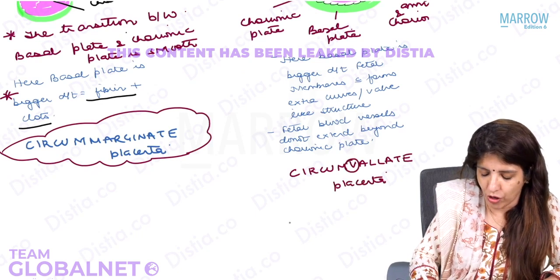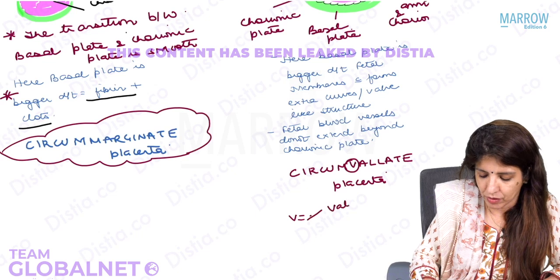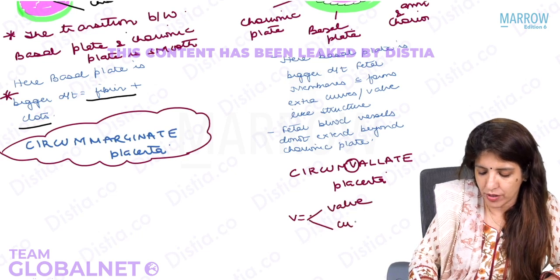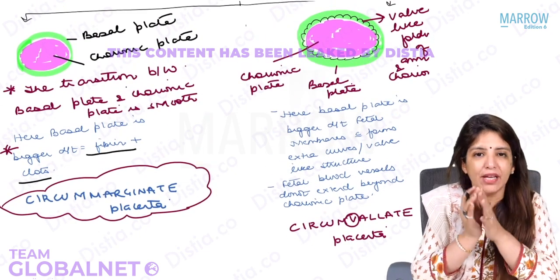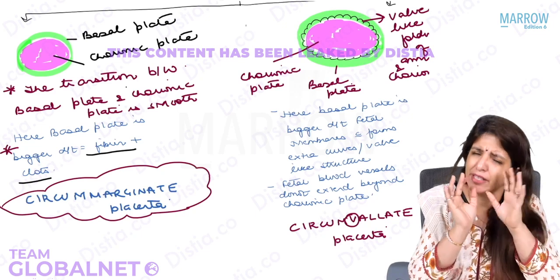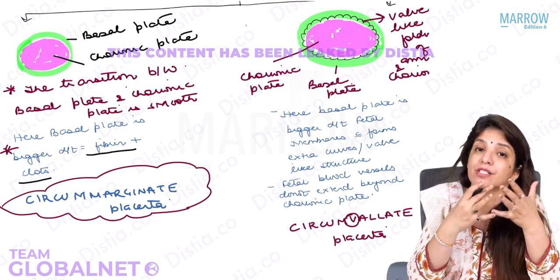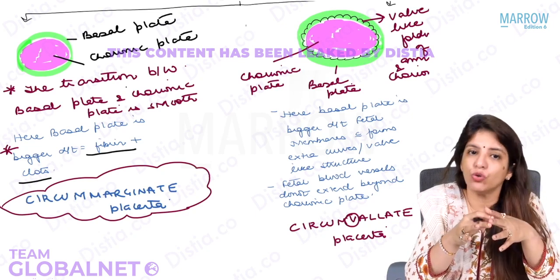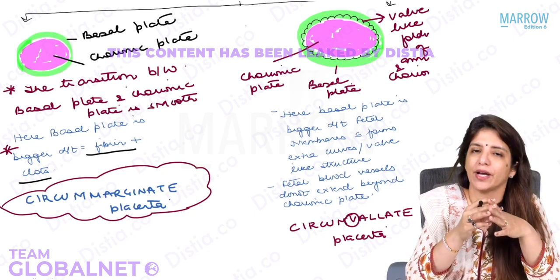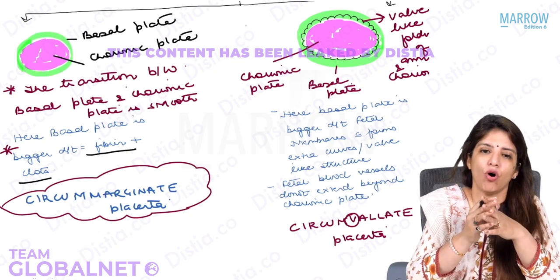So V for valve and V for circumvallate, right? Over here, the basal plate is surrounding the chorionic plate in the form of a ring, but between the chorionic plate and the basal plate, you are getting valve-like folding of amnion and chorion.